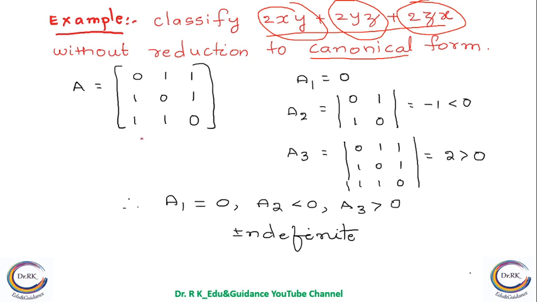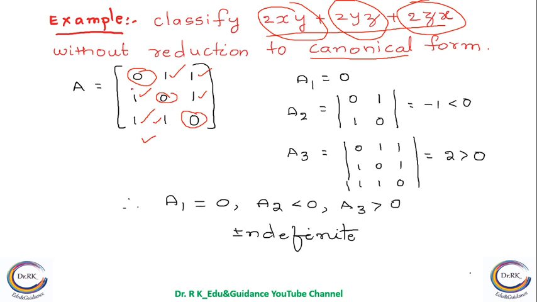There are no square terms, so no x square term, no y square term, no z square term. 2xy, so half of 1xy, 1xy. 2yz, so half here, half here. And 2zx, so xz here, zx here. So this is the matrix A.